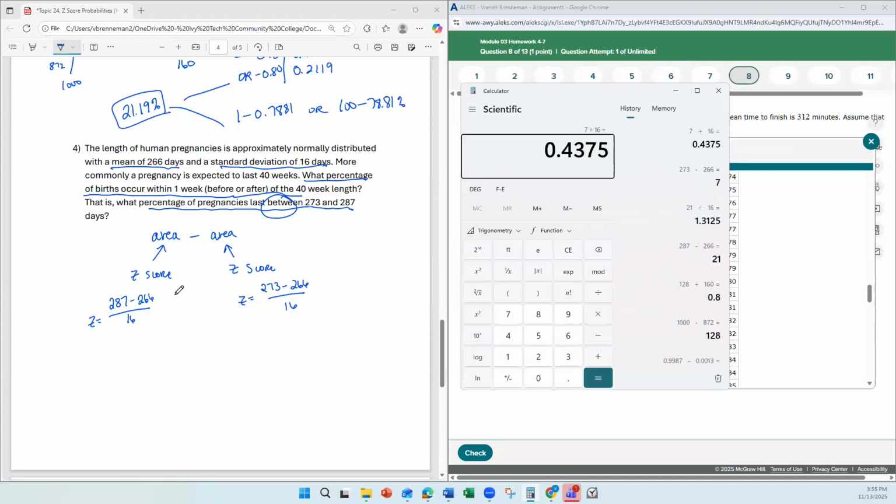And we get 1.3125 and 0.4375. I'm going to round those to 2 decimal places. So my z-scores, that would be 1.31. This would be 0.44.